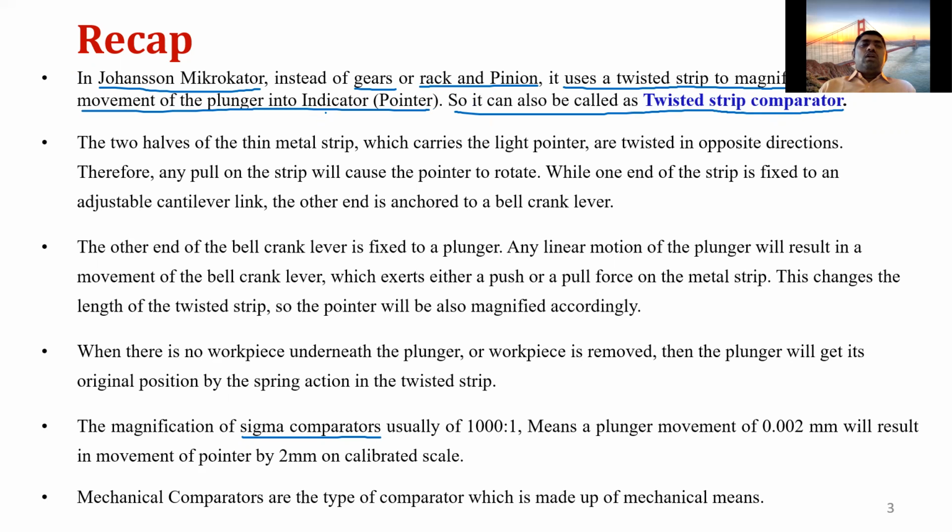This is also called the Abramson movement, because Abramson developed the mechanical magnification system for the Johansson microcator. The principle of the Johansson microcator is a button spinning on a loop of string.